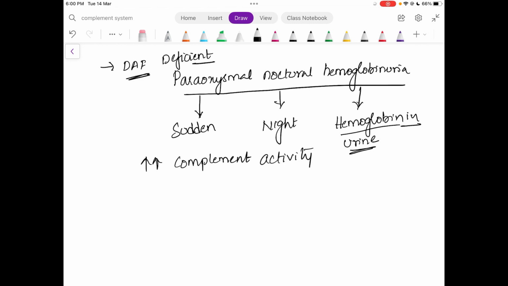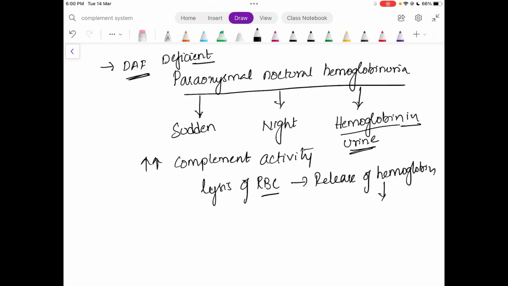If this complement activity is increased, then there is lysis of RBC and release of hemoglobin, and it is excreted in urine. Okay, this happens with decay accelerating factor deficiency. Okay, this ends the complement system, and thank you.